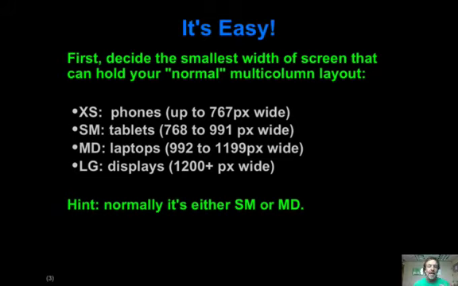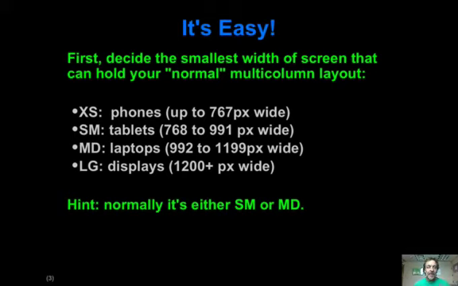Typically that's not the case. So then, if the smallest screen size for your layout is at least 768, you'd pick small. If the smallest screen size is 992, or laptop style, then you'd pick MD, and then they have another size for large cinema displays, but in general, to simplify the use case, you're either going to say this is a layout that's going to fit on tablets or bigger, or it's a layout that's going to fit on laptops or bigger.